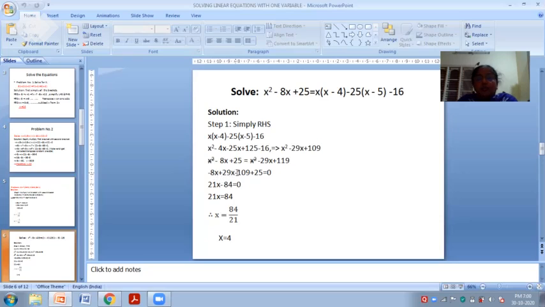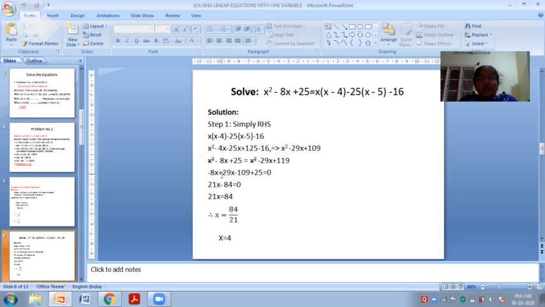Next, come to minus 8x. Here, this is minus 29x. When it is transferred to this side, automatically the sign will be plus 29x. Next, similarly, this becomes minus 109, and then this is plus 25, because we are transferring to this one. Therefore, minus 109 plus 25 is equal to 0. Now transfer the variables to one side.